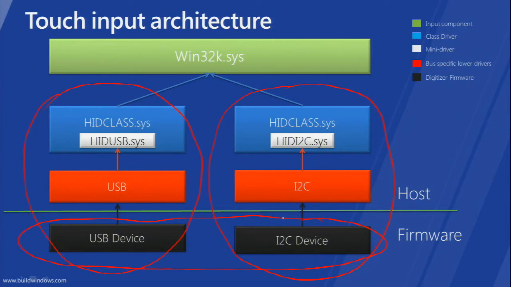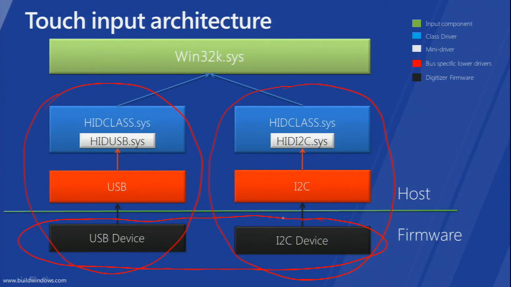Now, at the top of that, the blue section where we have the HID class driver, if you've done any HID data delivery in earlier versions of Windows, you know that HIDUSB has been part of our operating system for a long time. We've had previous releases where we've had HIDUSB. So now hidusb.sys and hidclass.sys actually make up a WDM unit. So hidclass is the class driver and hidusb is a mini driver. And both of them make up a WDM unit, so they actually act as one driver.